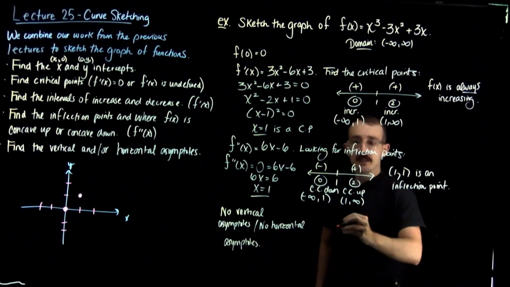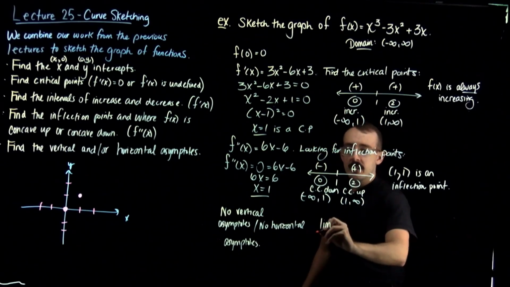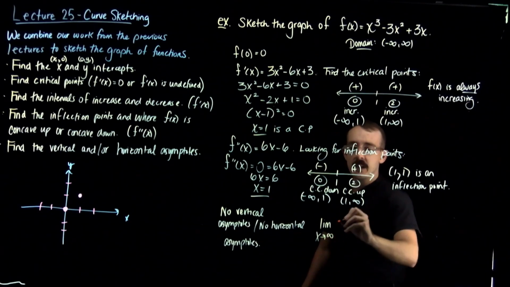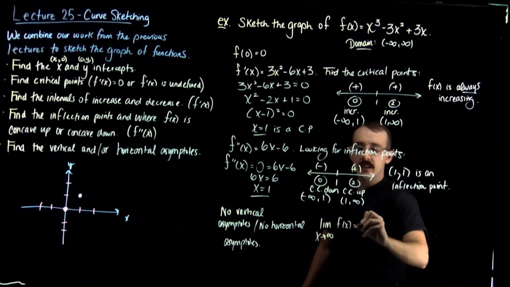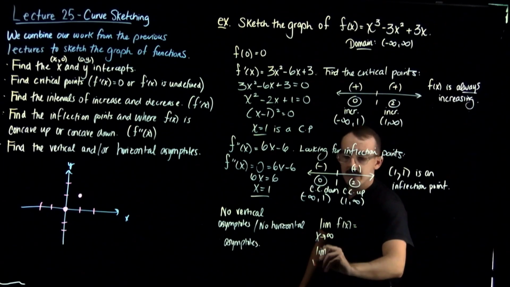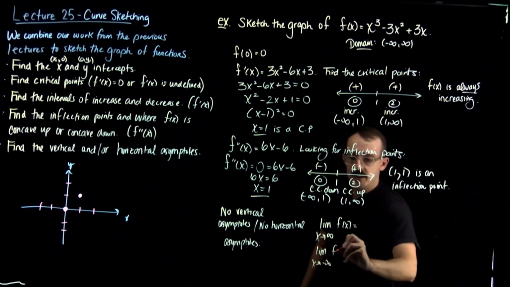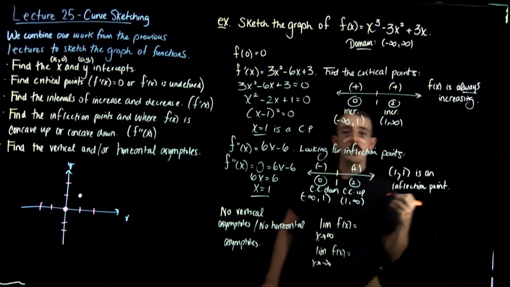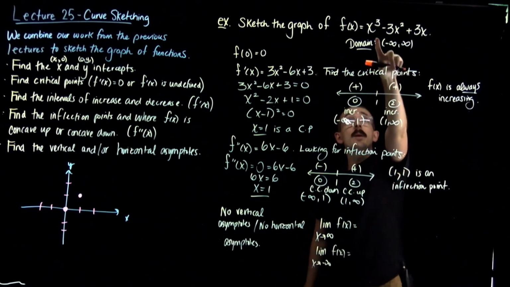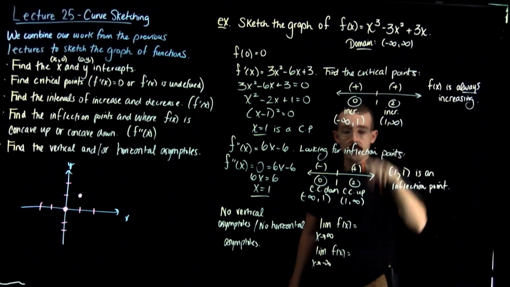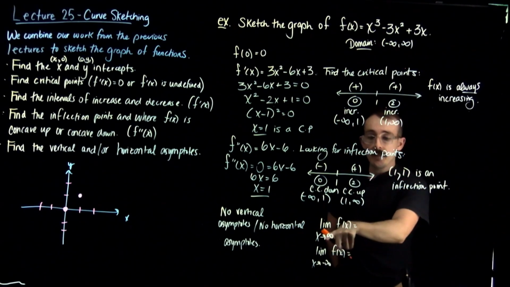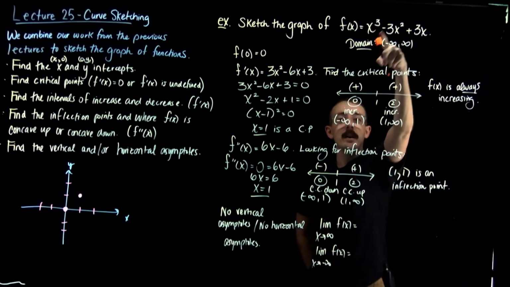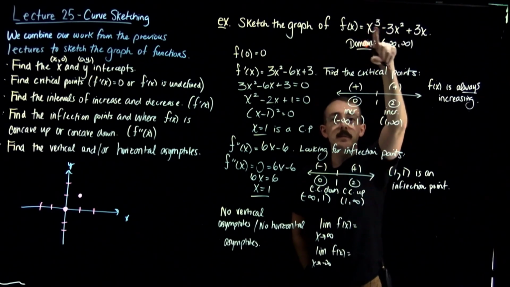But one thing I do want to say is that the limit as x goes to infinity of f of x and the limit as x goes to negative infinity of f of x. These will tell us where our graph ends up going. So we have an x to the third power. So plugging in a very large number for x, this term sort of dominates what's going on.